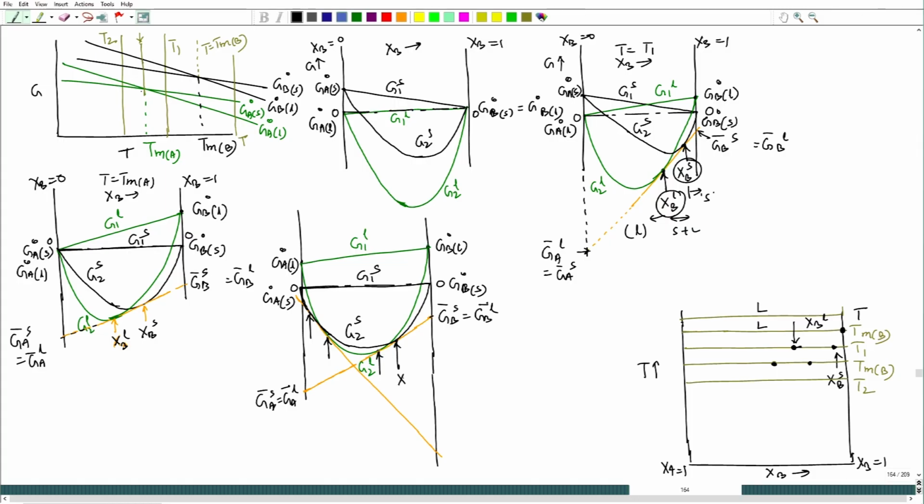So, this is X B of solid, this is X B of liquid, but on the other side we will also get 2 compositions, X B of liquid and here X B of solid. Okay. And here we have G A bar solid equal to G A bar liquid, and at this location we have G B bar solid equal to G B bar liquid.